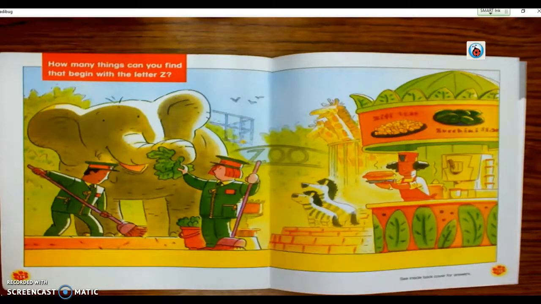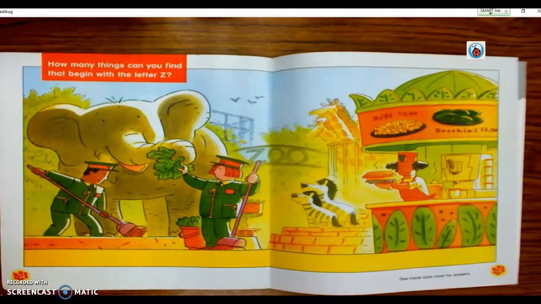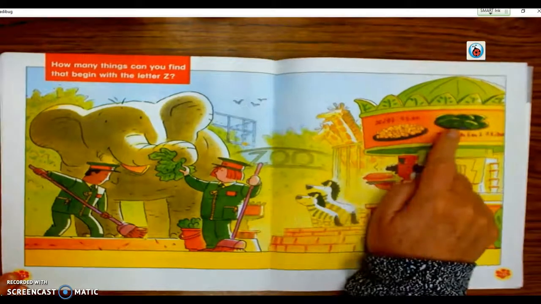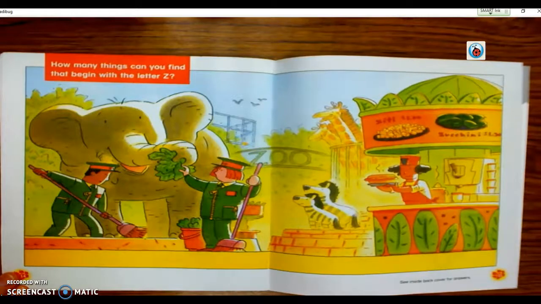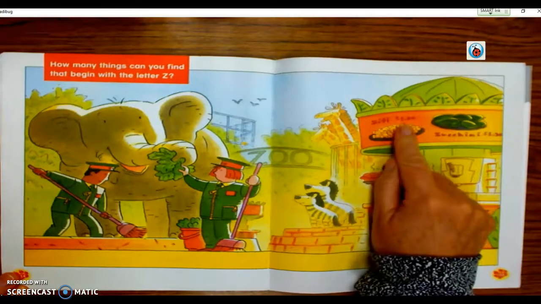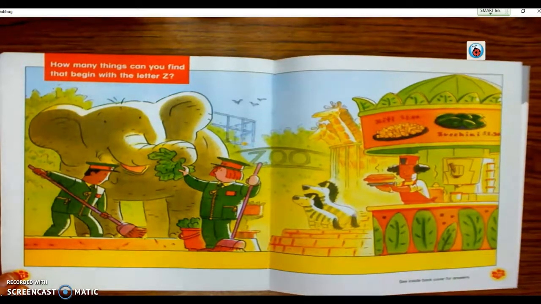Zebras begin with a Z sound. They have zippers. Zippers begin with a Z. There is the vegetable zucchini, and there is the ziti. Oh, there's a zero up there in the price. Zero.